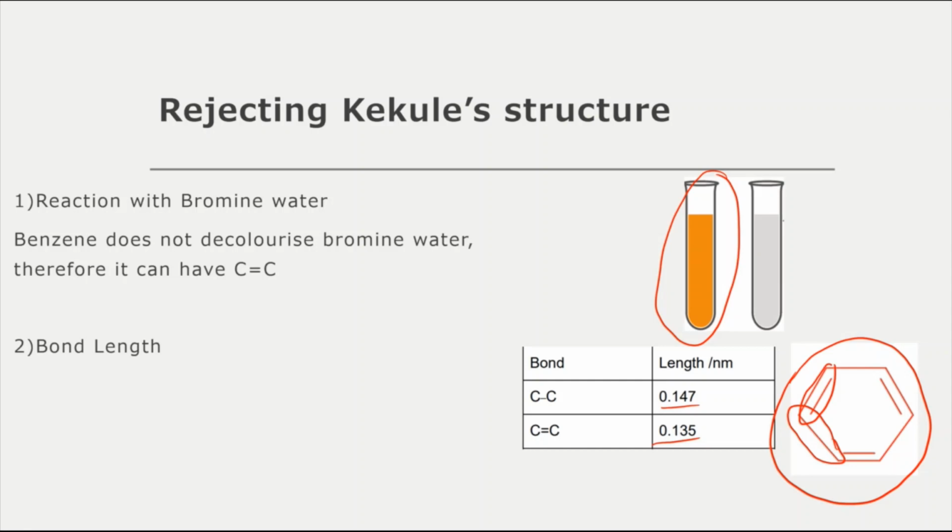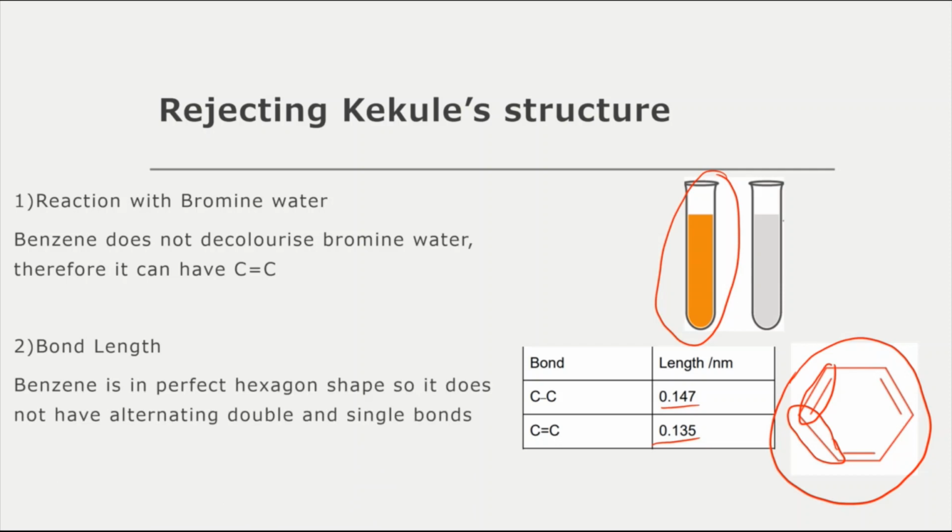However, when we saw the structure of benzene, what we saw is that benzene has a perfect hexagon shape. So this indicates that it does not have any alternating double and single bonds, and all of the bond lengths of benzene were around 0.140. So this does not go with the Kekule structure.